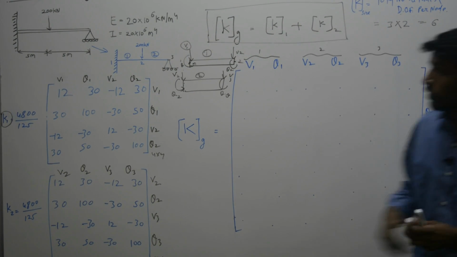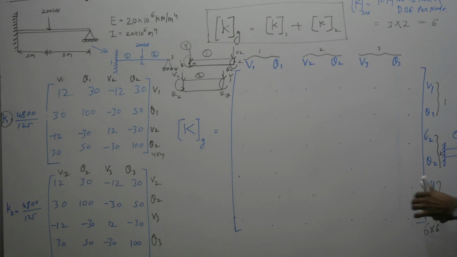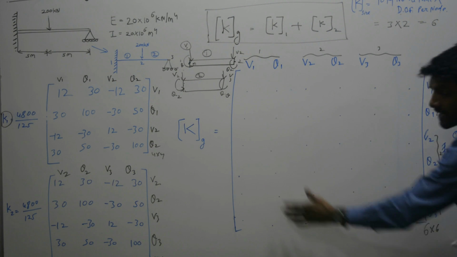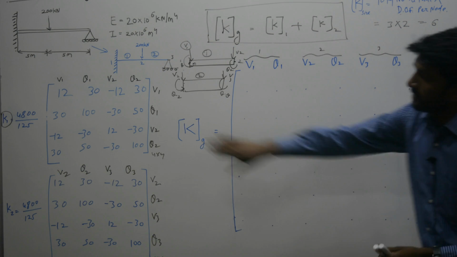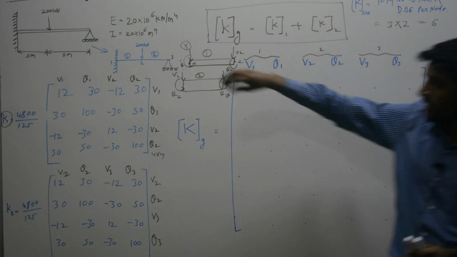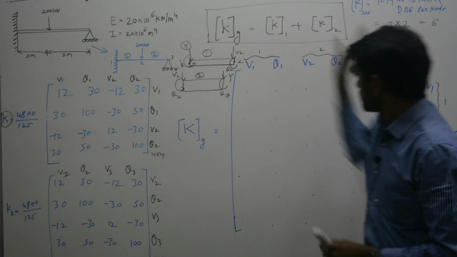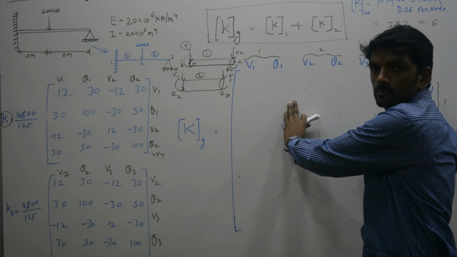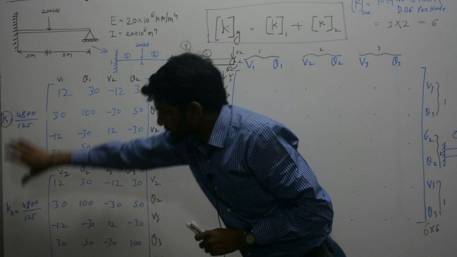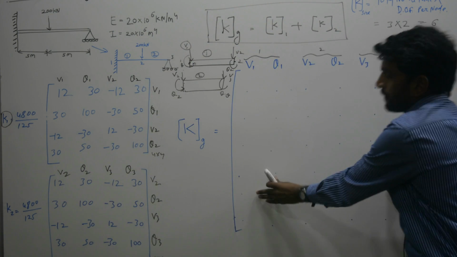Now how do we proceed from K1, K2 to K global? Basically our objective is to fill this matrix with the help of K1 and K2. The simplest way is to export each and every element from the K1 matrix to this, and in the similar way export each and every element of the K2 matrix and place it over here.